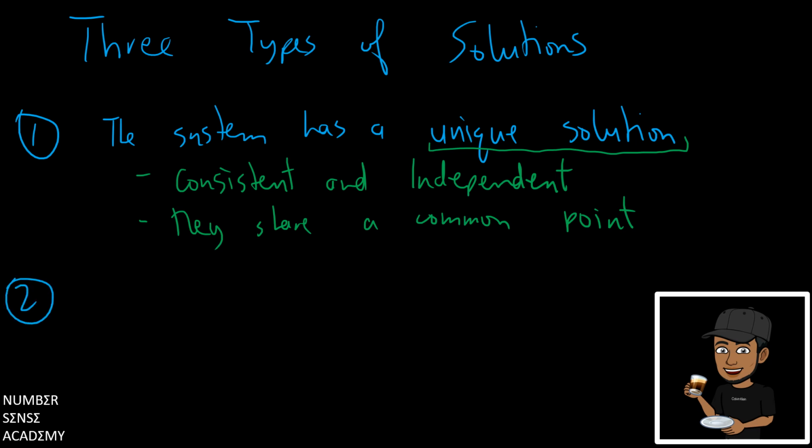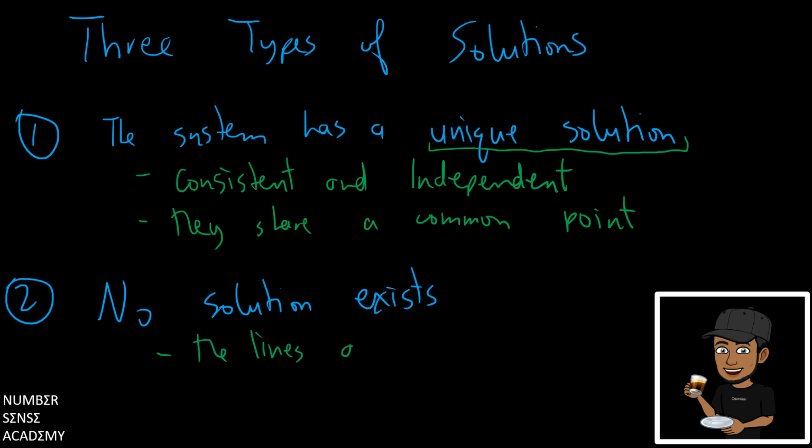All right. Second, the second type of solution that you could end up with is no solution exists. That means that when you put these two equations on the Cartesian plane, the lines are parallel.